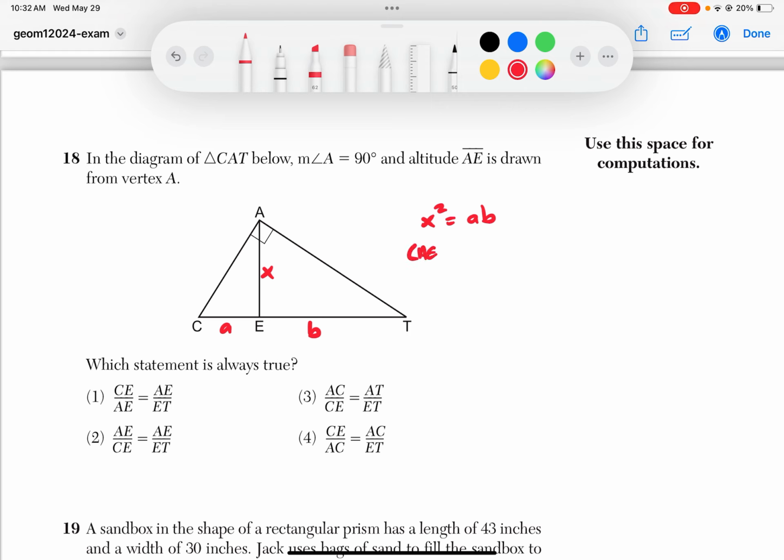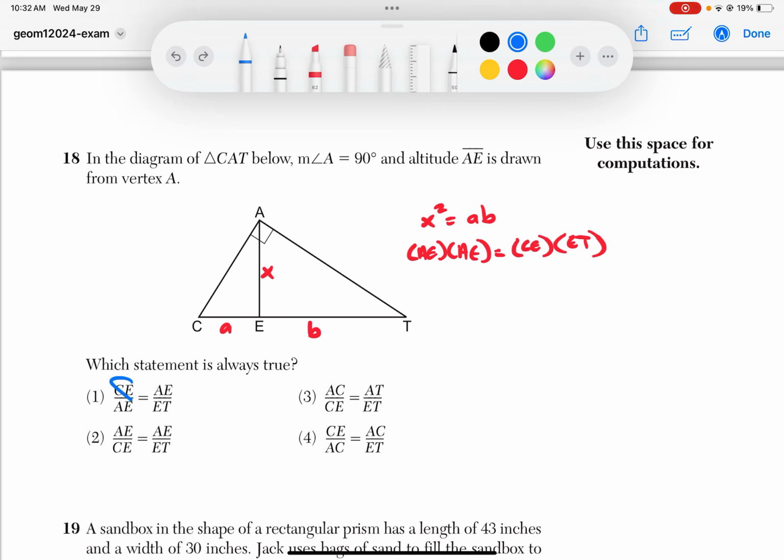Let's rewrite that in terms of their side lengths. So we have AE times AE equals CE times ET. And if we were to divide both sides by AE, maybe we can get somewhere here. Or actually, can any of these formulas turn into this when I cross multiply?